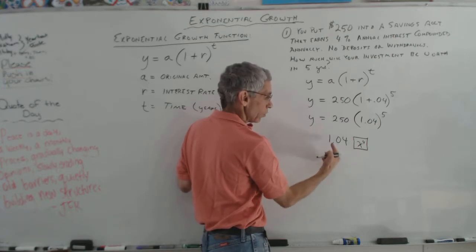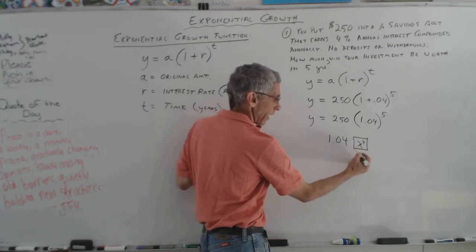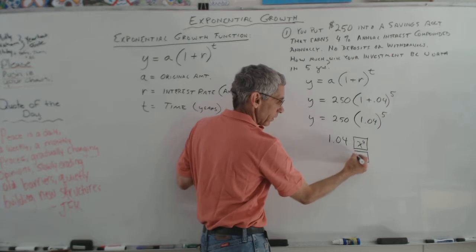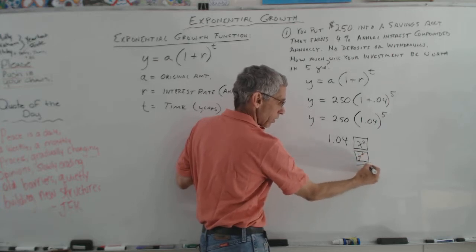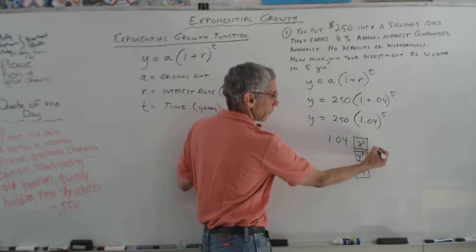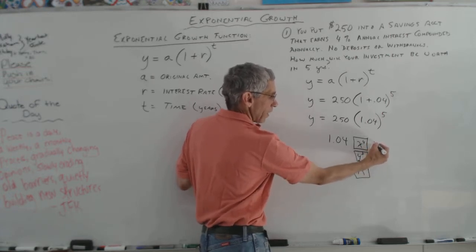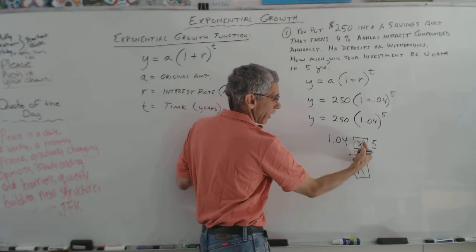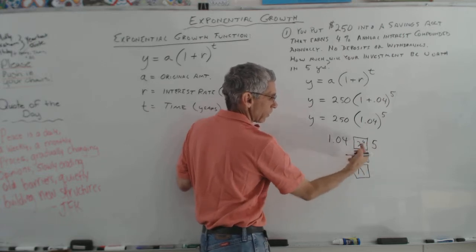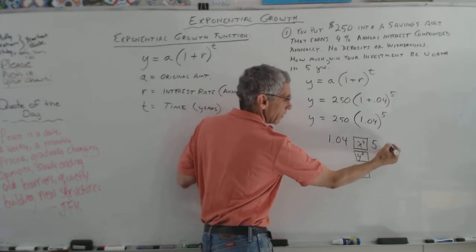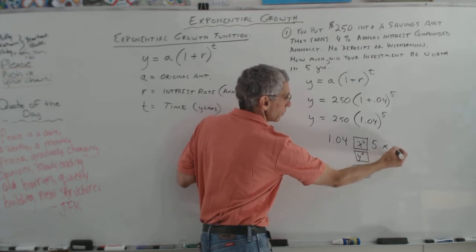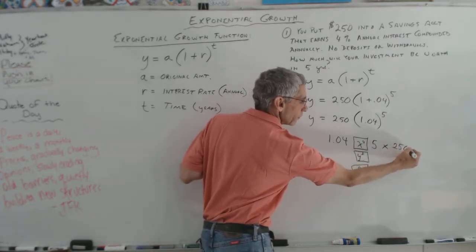So you do 1.04, the caret, and then what do I put here? 5, right? Because that's the exponent. 1.04 to the 5, and then times 250.